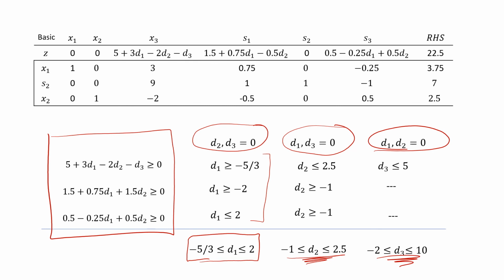So this is telling us how much we can change the coefficients in my objective function and still keep the same point of optimality. If I violate these numbers, for instance, if my D2 goes up by 3, I have to recalculate because I've got a different point where my optimum occurs.